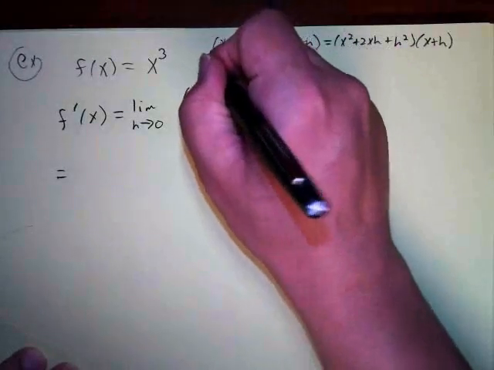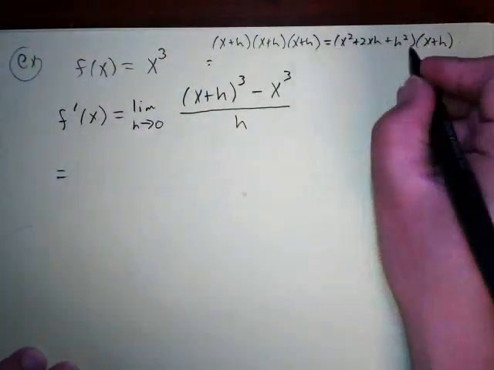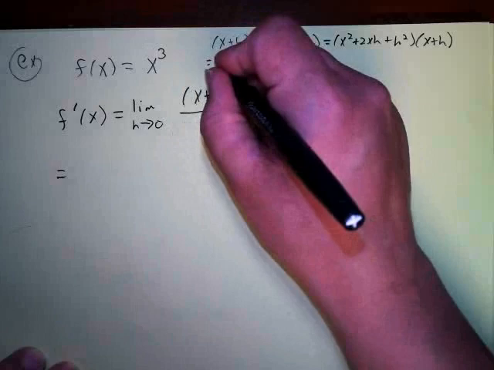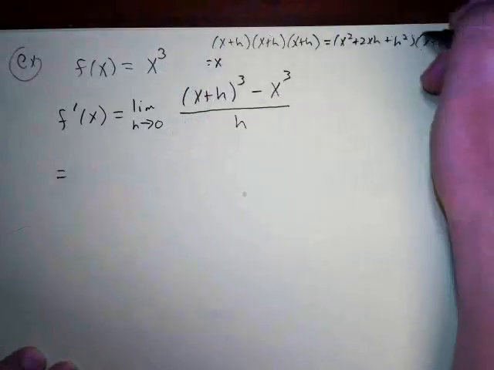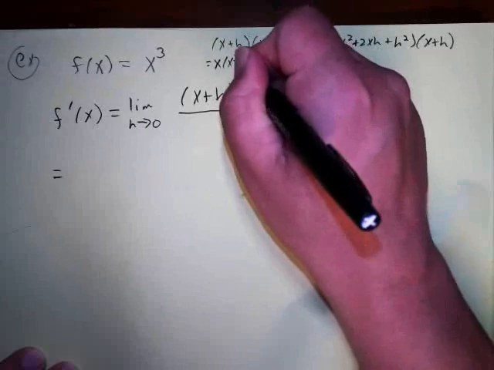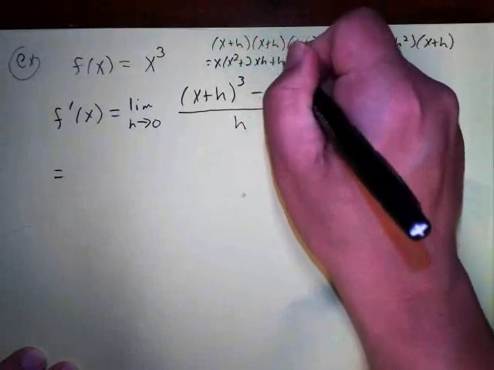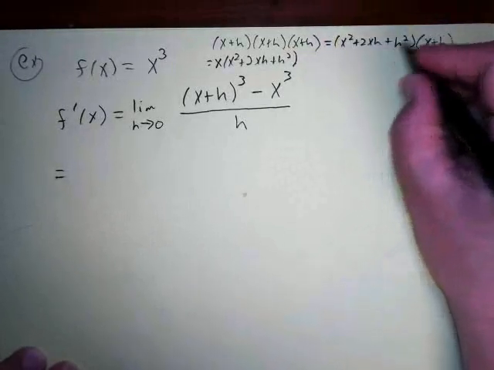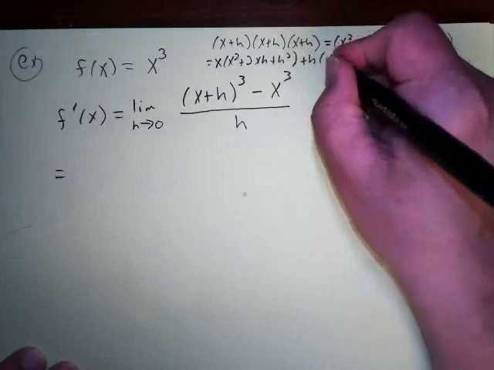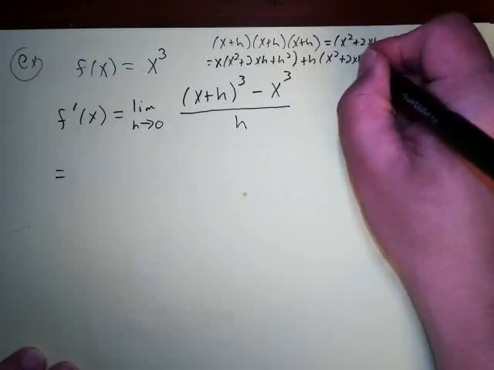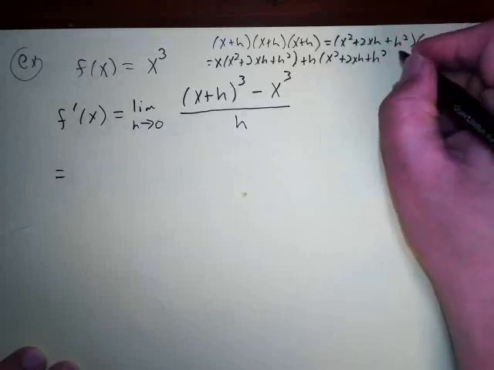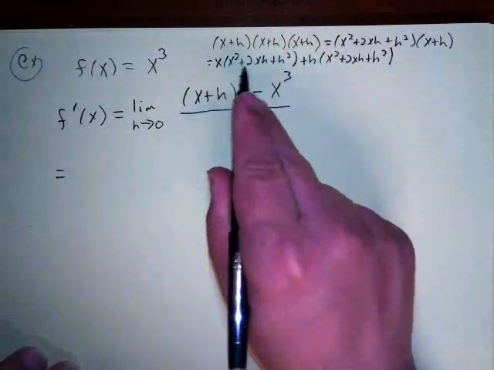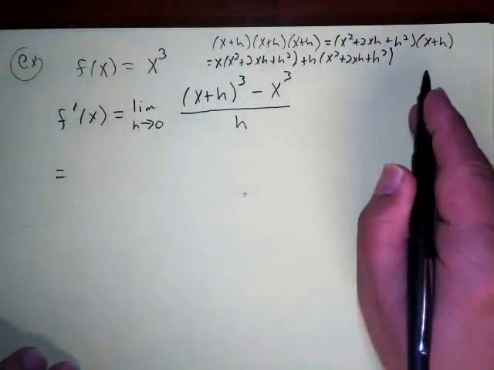Okay? Now I'm going to take x times all this and h times all that. So this would be x times x squared plus 2xh plus h squared, and then plus h times x squared plus 2xh plus h squared. I'm distributing the x over that and then the h over that.